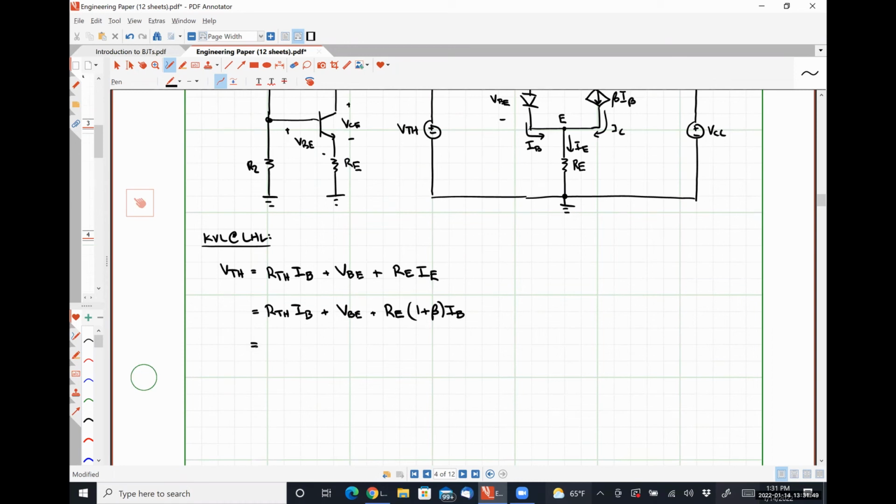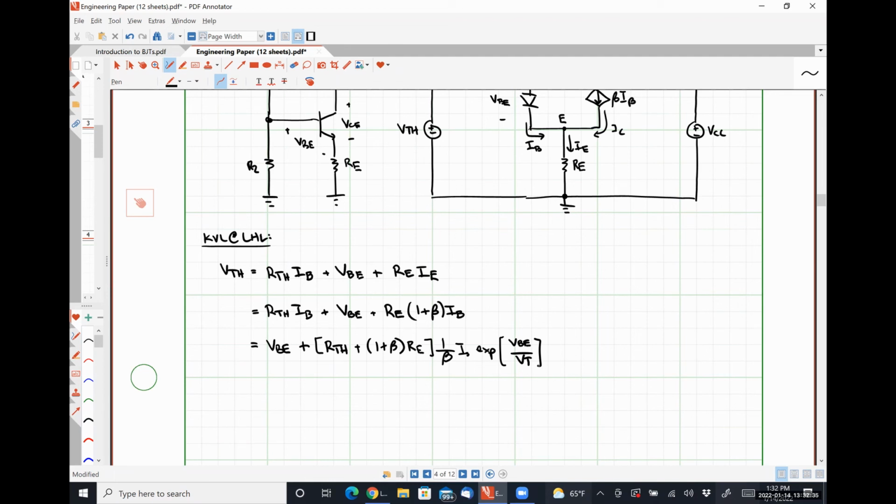We can rearrange this a little bit again. Really, there are two ways that we could do this, but I'm going to do it in this particular way. So we have VBE plus a factor of RTH plus (1 plus beta) RE multiplied by IB, where IB is 1 over beta IS times the EXP of VBE over VT.